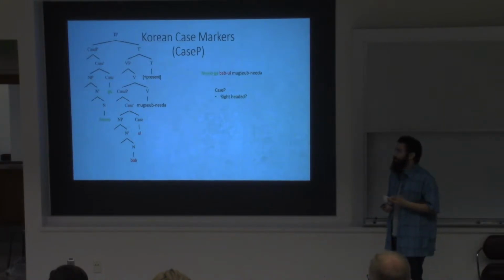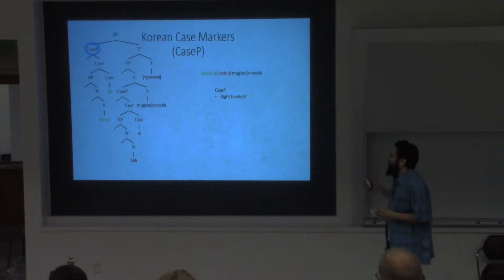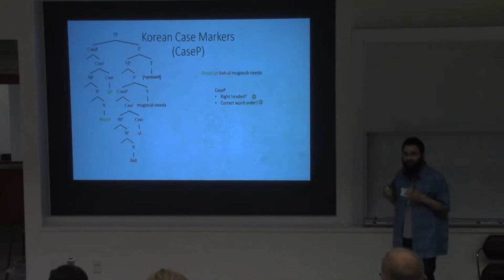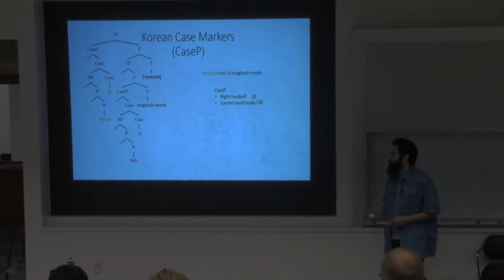But does the case phrase actually fit inside of the Korean syntax? Well, is it right-headed? Yes. And do you get the correct word order when you read it out? What do you know? You do. And it's the correct word order. All right, case closed. Let's move on and look for something else.